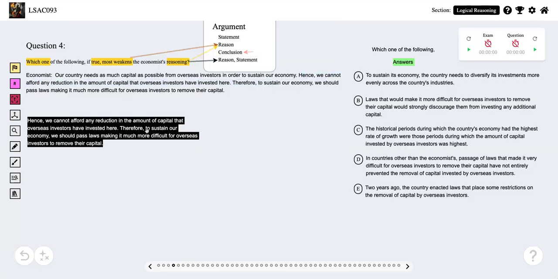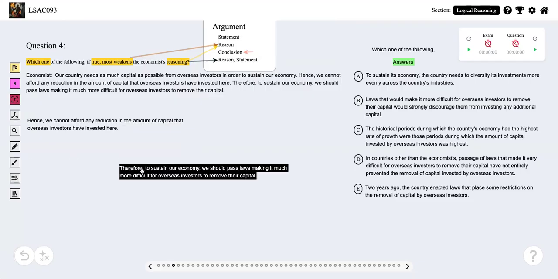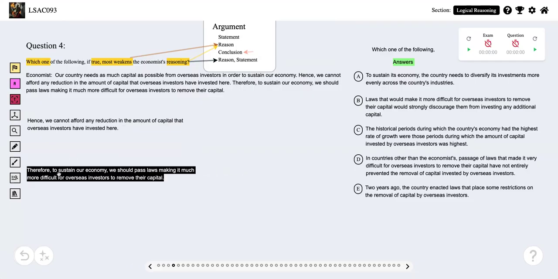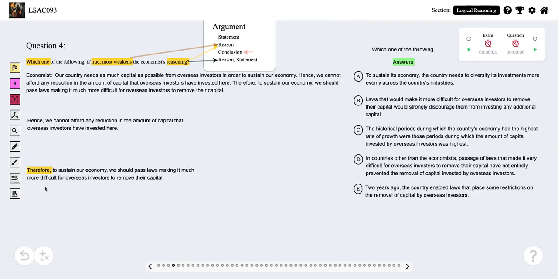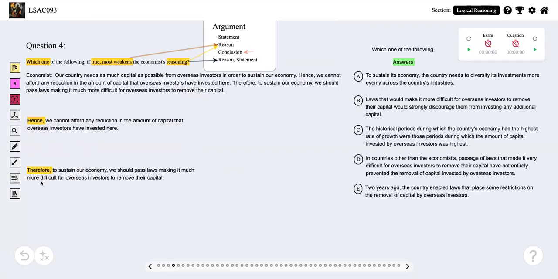I think it's interesting that we have a sub-conclusion and a conclusion. We have this particular conclusion, which we can see begins with therefore, and this other conclusion, which begins with hence.